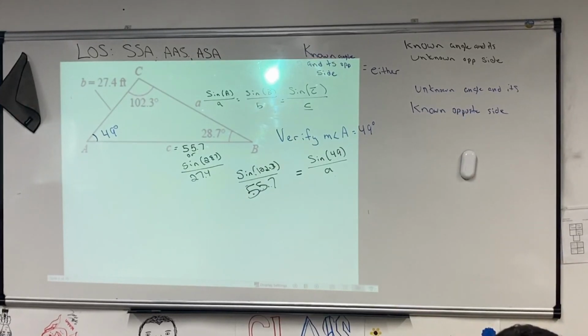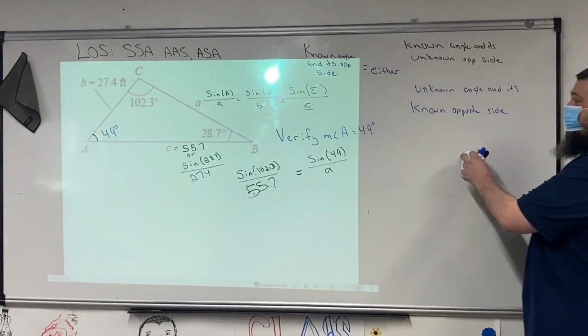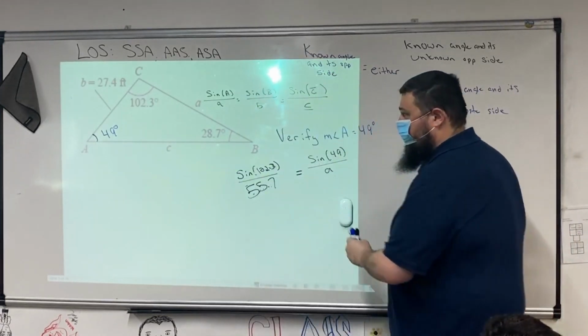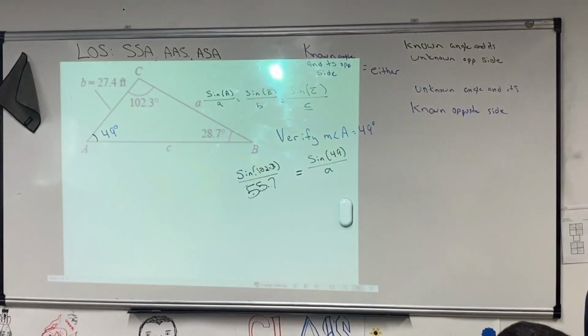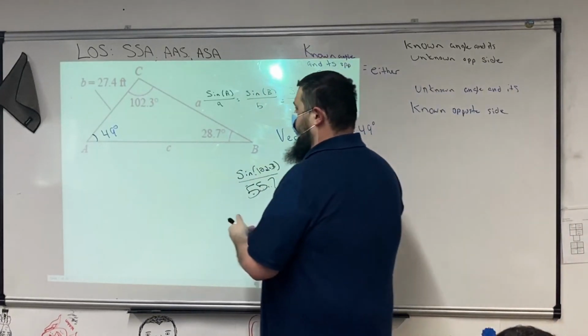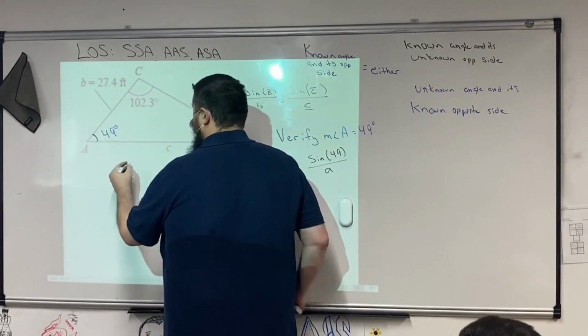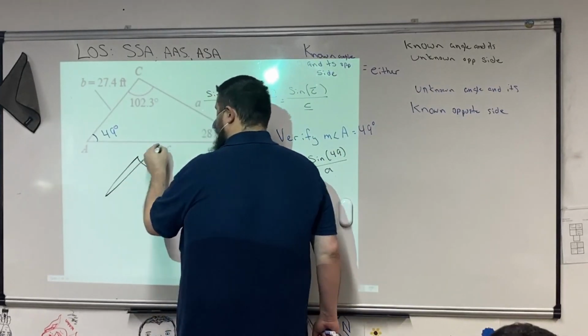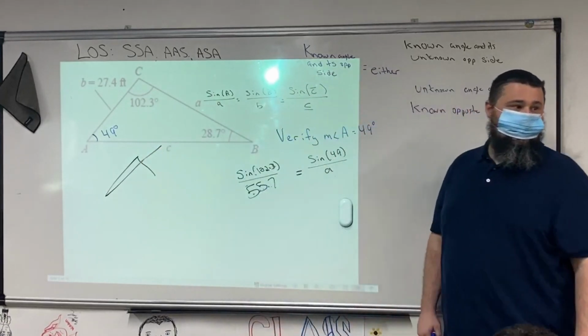So you said if it's not 49, then the triangle could not close, right? Correct. Or it could overlap. Let me show you what I mean. Let's say you do all the work and you verify that this is incorrect. It could look like this if it's like 20 degrees.